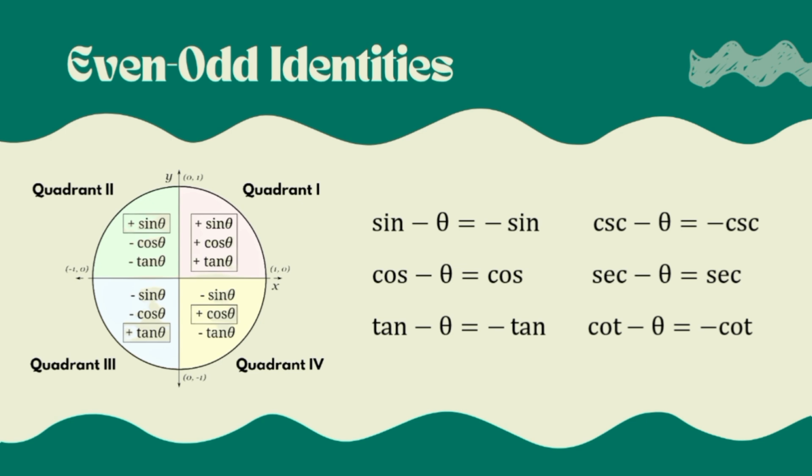For example, in the first quadrant, where x and y coordinates are all positive, all 6 trigonometric ratios have positive values. In the second quadrant, only the sine and cosecant are positive, while in the third quadrant, only the cotangent and tangent are positive. In the fourth quadrant, only the cosine and secant are positive.